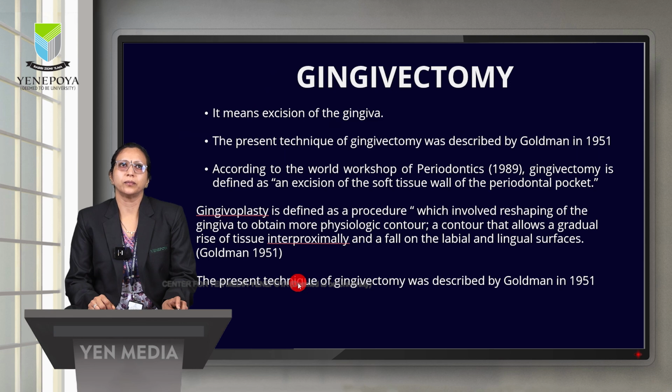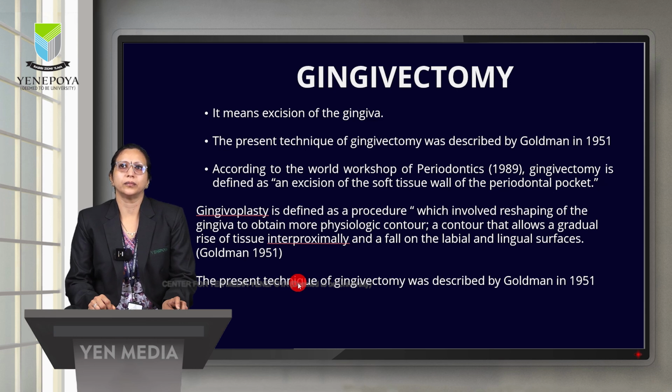Gingivectomy, as the name suggests, means excision of the gingiva. The present technique was first described by Goldman in 1951. According to the World Workshop of Periodontics 1989, gingivectomy is defined as an excision of the soft tissue wall of the periodontal pocket.